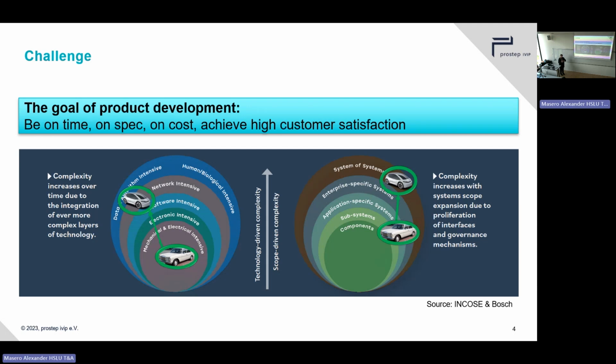On the one hand, you have increasing complexity because of technological reasons. You have more and more technologies that you need to cram into one product. And you also have rising complexity due to an increasing system scope. Nowadays, it's not sufficient anymore to develop a car, but you need to consider a system of systems because, for example, of car-to-X communication.